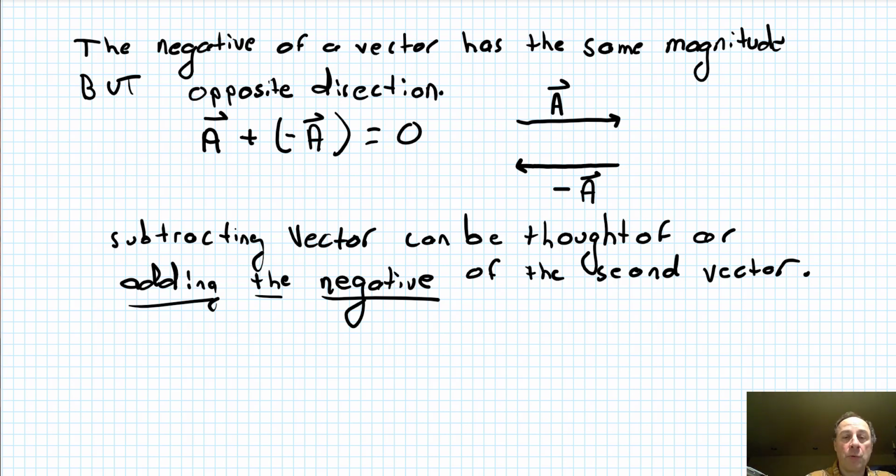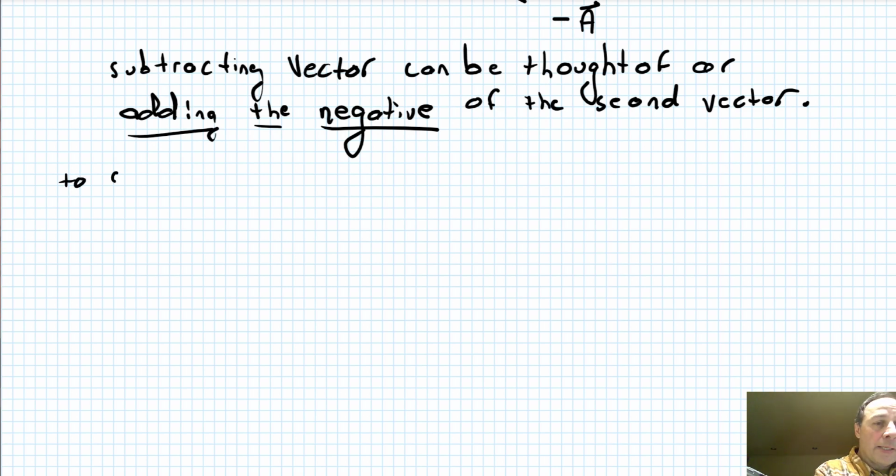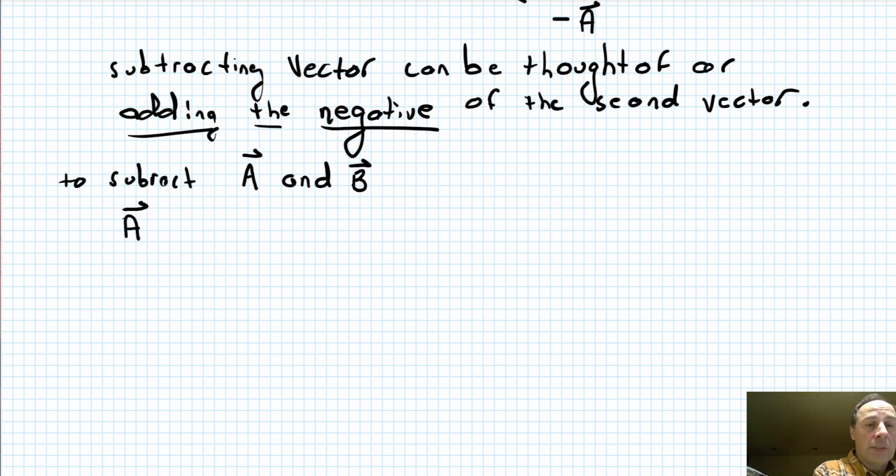All right, so to subtract two vectors, A and B, okay, it would be like this. So we want these subtracted.